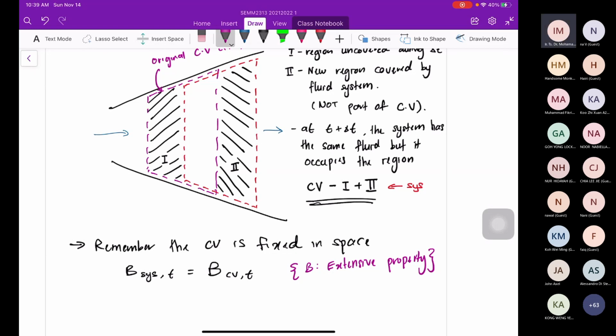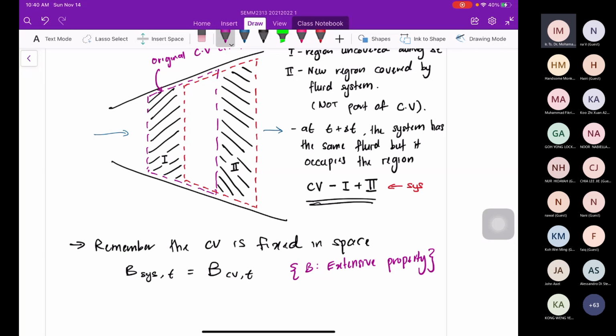An extensive property relies heavily on the mass, volume and entropy. When you add external mass, it changes based on the quantity. For example, volume 1 plus volume 2 equals volume 3, so it changes with the quantity.